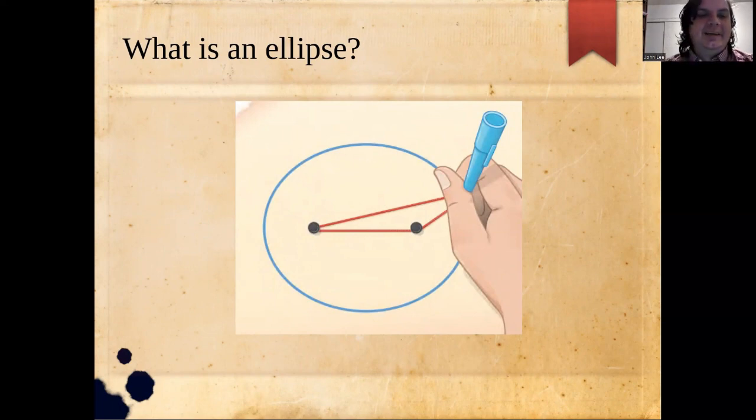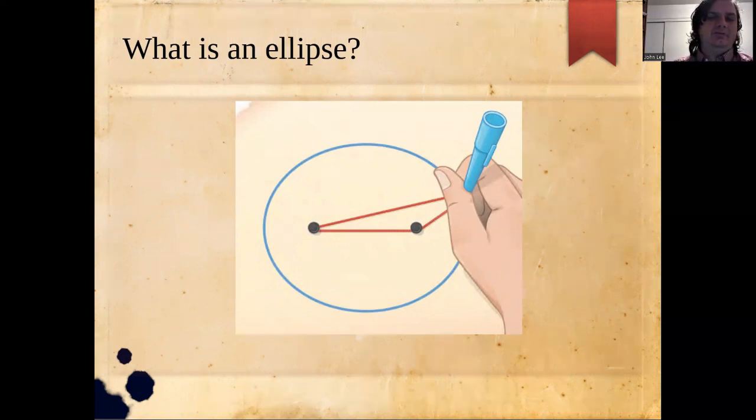What an ellipse is: if you place a bit of string on two points, some distance away from each other, and draw out what that looks like, as you see in the diagram, then it's going to draw an ellipse.